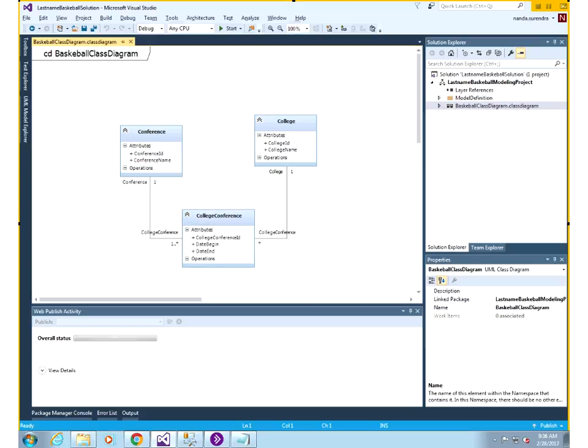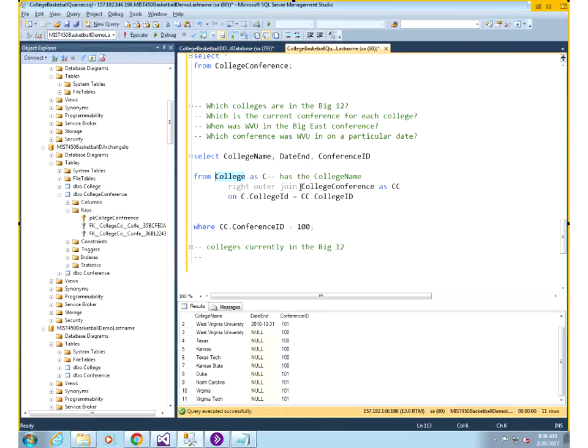Essentially, this is saying that if you have an instance in this table, the many-to-many, it necessarily has to connect with an instance here. Which means that if there is an instance in this table, it necessarily has something that joins to the college table.